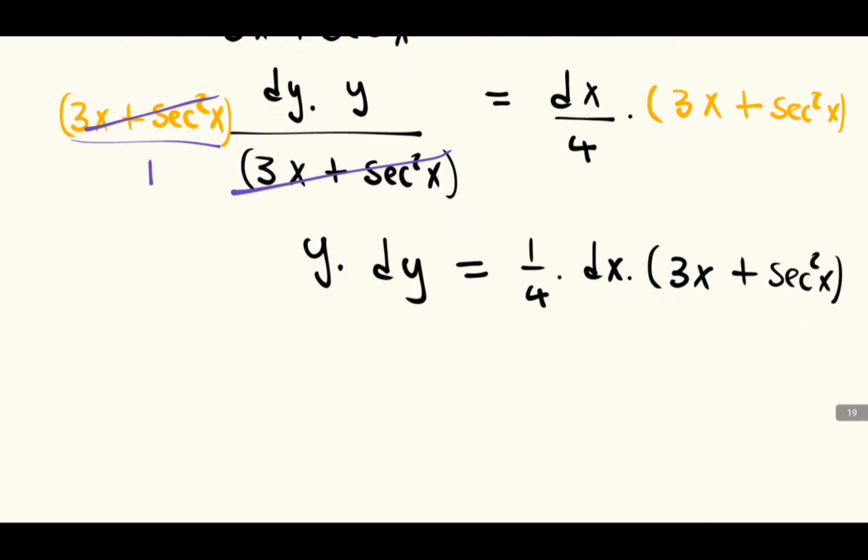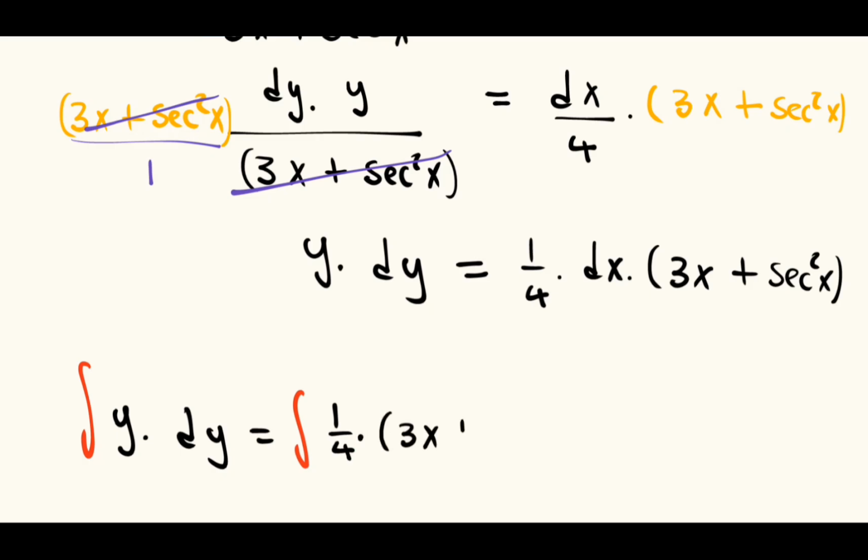We have to now introduce the integral sign on both sides of the equation. On the left hand side we have the integral of y dy, and on the right hand side we have the integral of 1 over 4 multiplied by 3x plus sec squared x.